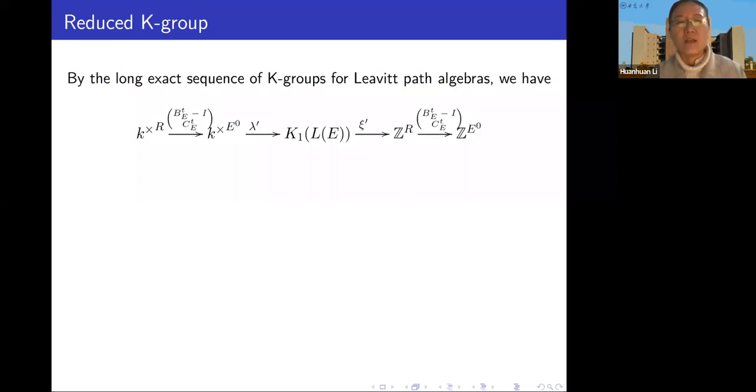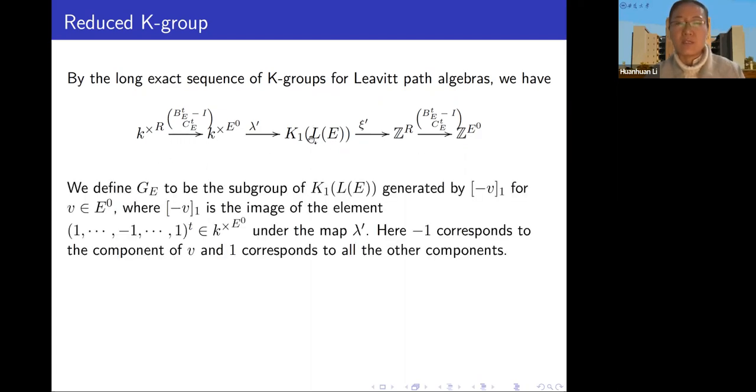So later we want to adjust the map so that we can have a group homomorphism relating the kernel with K1. Let's recall the long exact sequence for K groups. This is just the first part of the long exact sequence. From here we have the map lambda prime, which sends to K1 of the Leavitt path algebra. Then we collect all these images: for each vertex v, we take the element 1, 1, 1, with only -1 corresponding to the component of v, and 1 corresponding to all the other components.